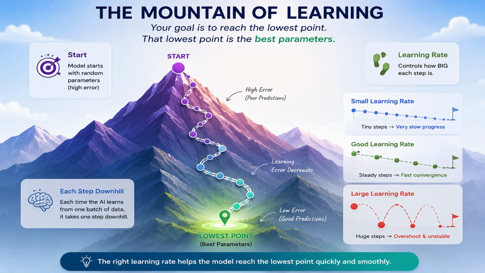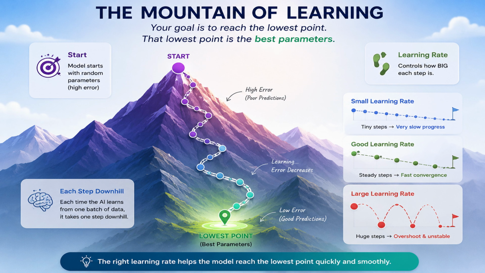Another terminology which you're going to see is the learning rate, and let's try to understand with this diagram what it means and why it is very important. The goal of training is to find the parameters that can produce the lowest possible loss, and the lowest possible loss means higher accuracy of the prediction.